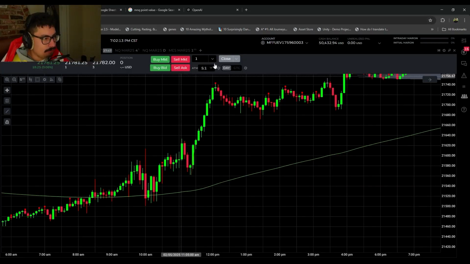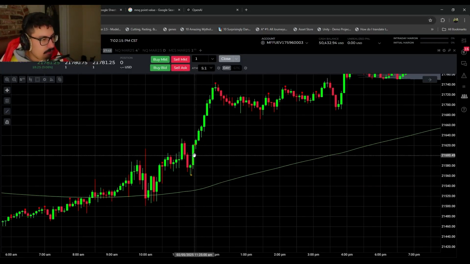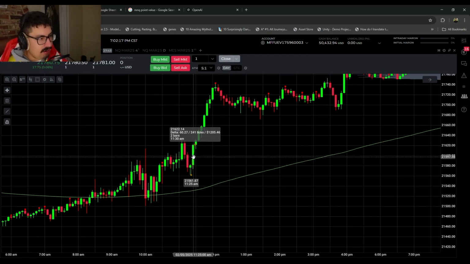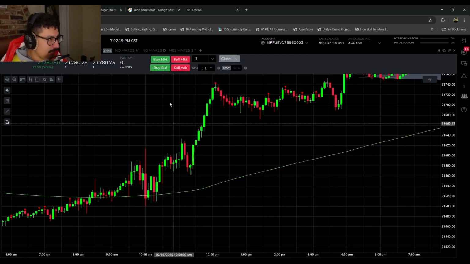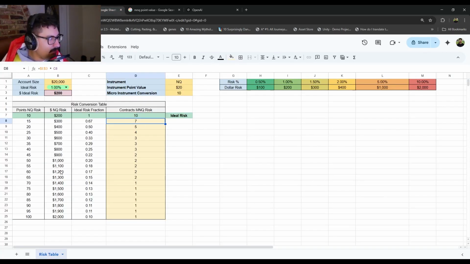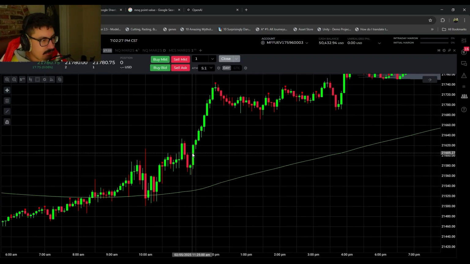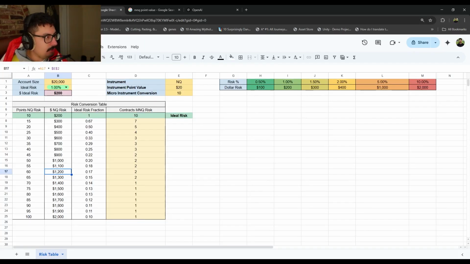What can I do? If I want to turn this risk into $200, I go to my table and I say, okay, 60 points. That's worth $1,200 on the NQ, right? About 1,200 here. This is the fraction that I want to get to from this dollar amount.